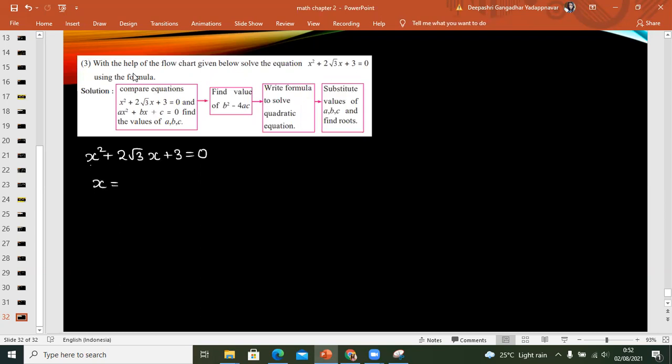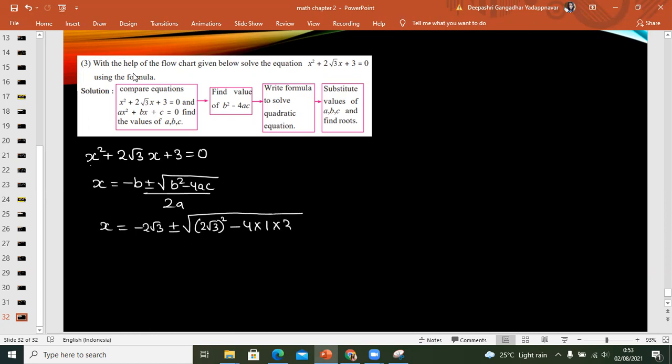The formula is x equals minus b plus or minus square root of b square minus 4ac divided by 2a. x equals, b value is 2 root 3, so minus 2 root 3 plus or minus square root of 2 root 3 in the bracket squared minus 4 multiplied by a value is 1 and c value is 3, divided by 2 times 1.